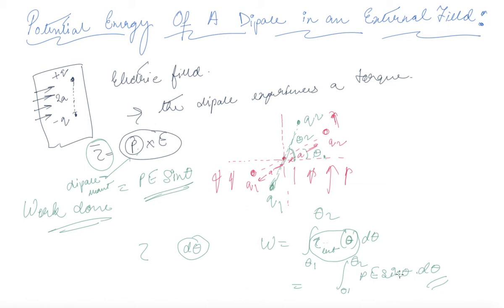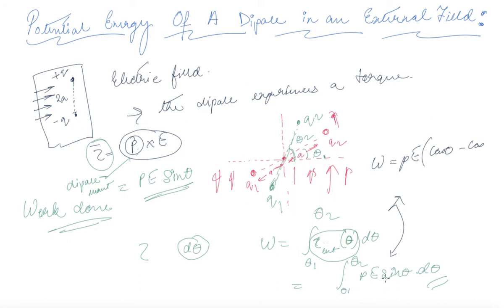Now if I integrate sine theta from theta 1 to theta 2, I will have, writing this over here, work done equal to the magnitude of the dipole moment into the magnitude of the electric field into cos theta, with a minus, from theta 2 to theta 1.